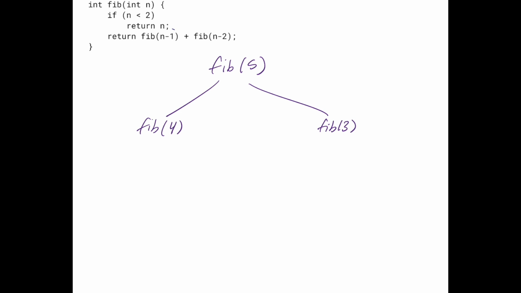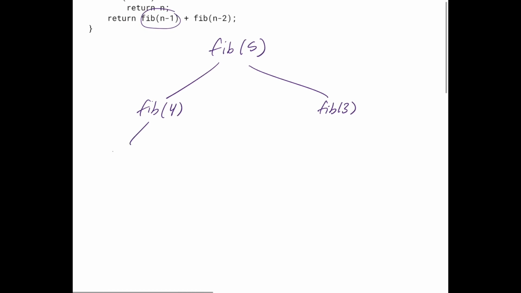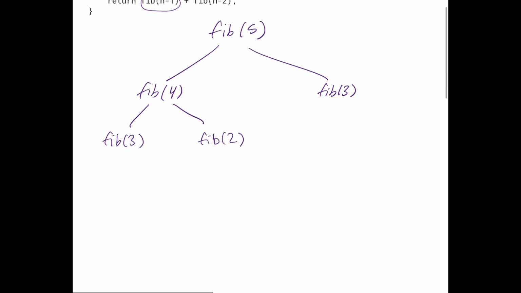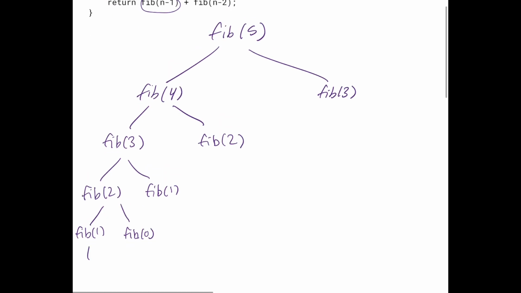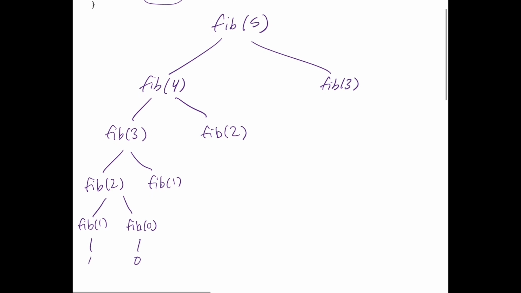Then following this down, since this one gets executed first, that becomes fib of 3 and fib of 2. And then we'll go even deeper into that recursive step. That becomes fib of 2 and fib of 1. And then fib of 2 becomes fib of 1 and fib of 0. And then we've reached the base case up here. So this becomes 1 and this becomes 0.